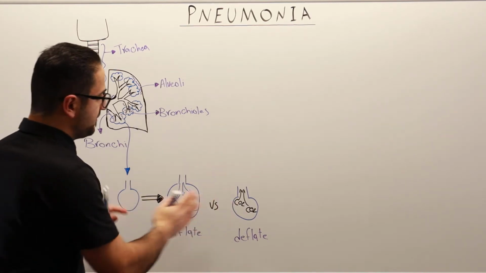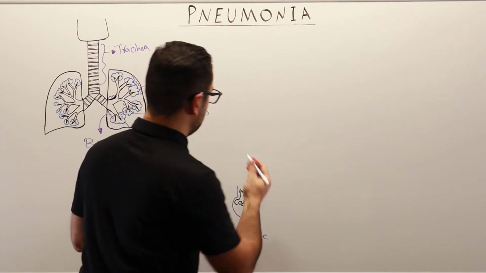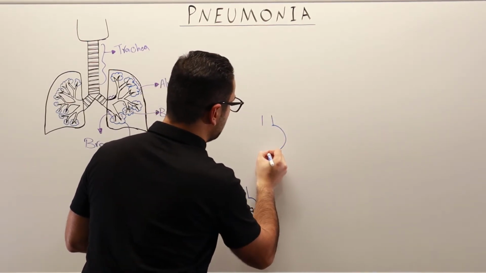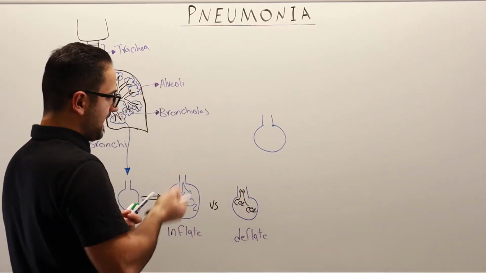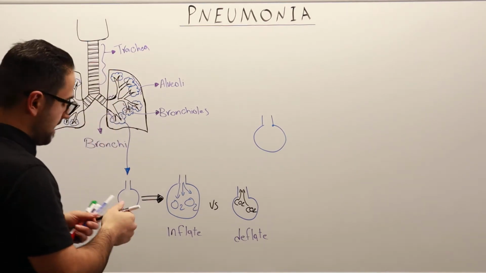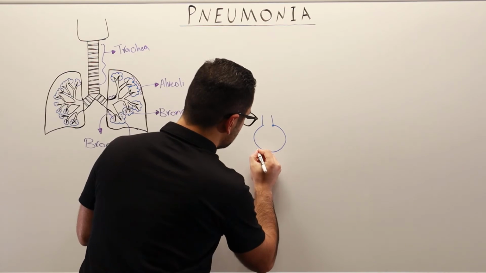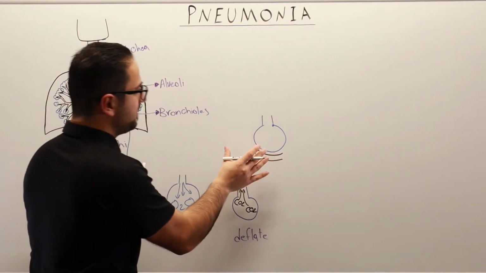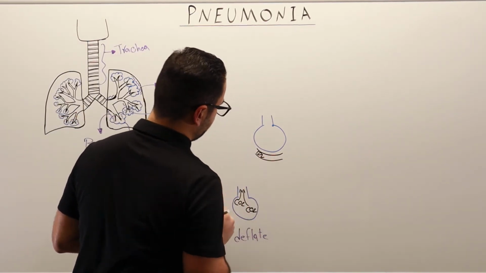And the way the alveoli does this is basically through the capillaries, which are blood vessels surrounding these alveoli. So here is an alveoli, and surrounding all these alveoli in the lung, there are blood vessels. So this is like a blood vessel, and inside this blood vessel there is blood and carbon dioxide, CO2.